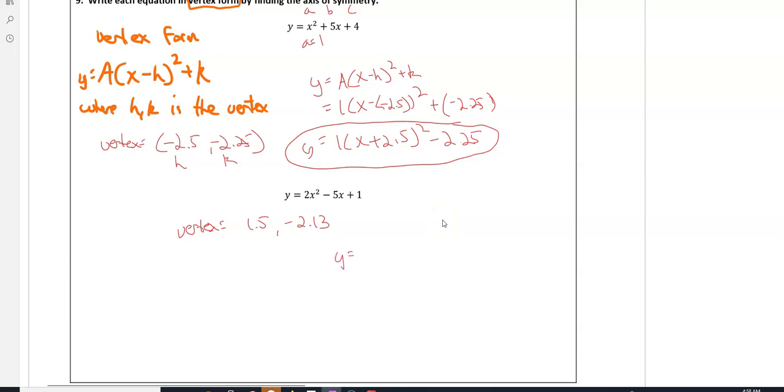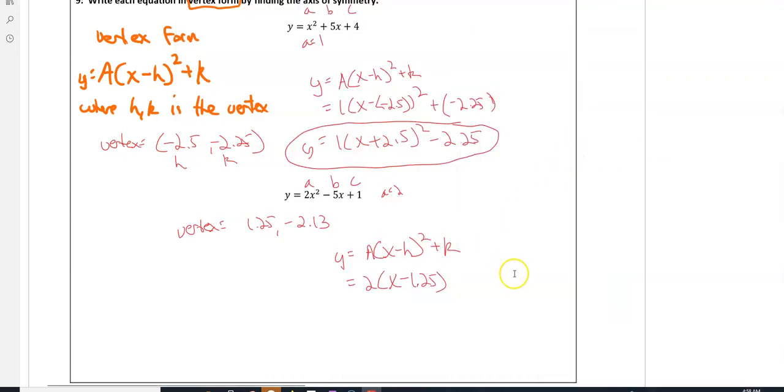That's y equals a times x minus h squared plus k. A is a, b, c. A is 2. So y equals 2 times x minus 1.5. Oh, 1.25, my bad, 1.25. Just notice that, because remember, see on the calculator here, 1.25.